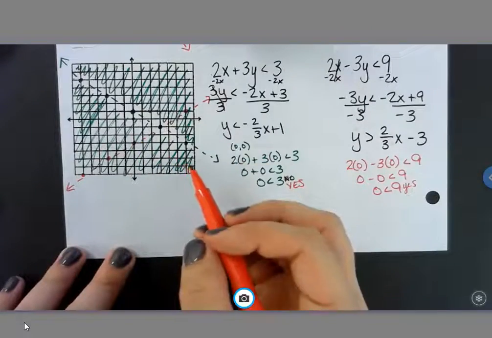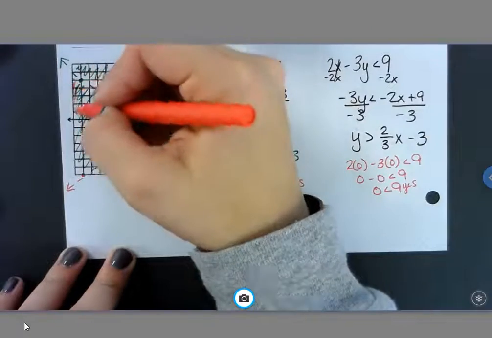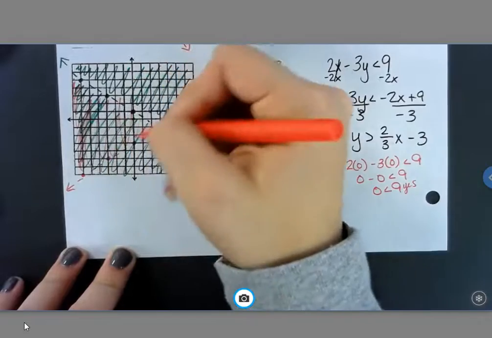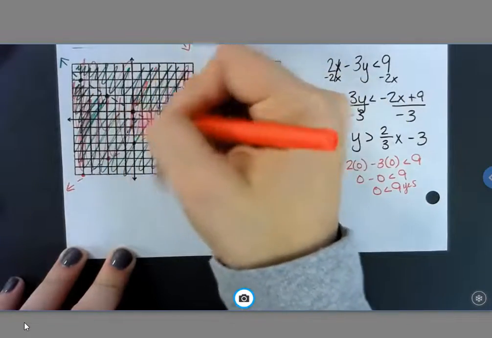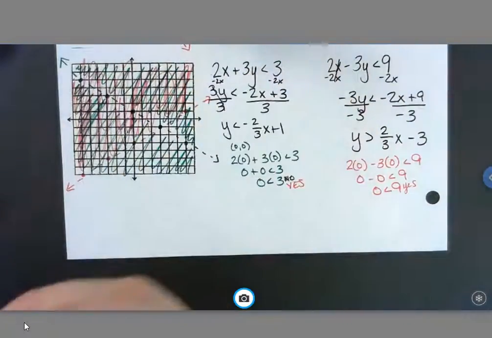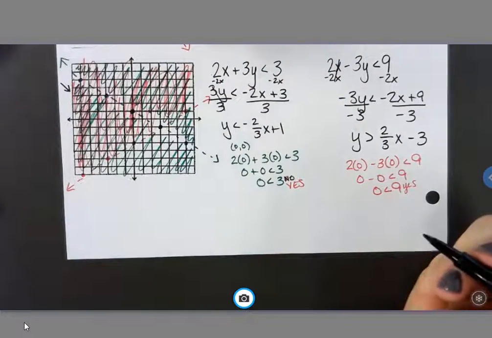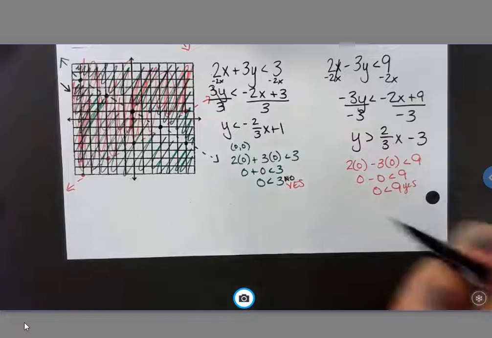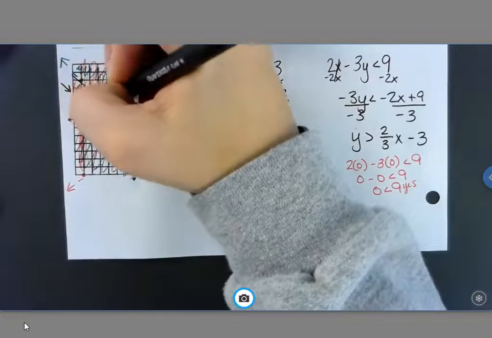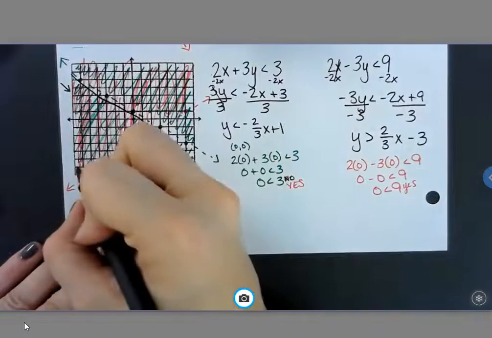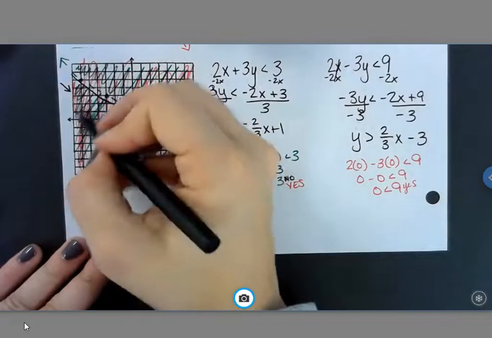So we're going to shade on this side because it's a true statement, which means our double shaded region is in here, any point within this section right here.